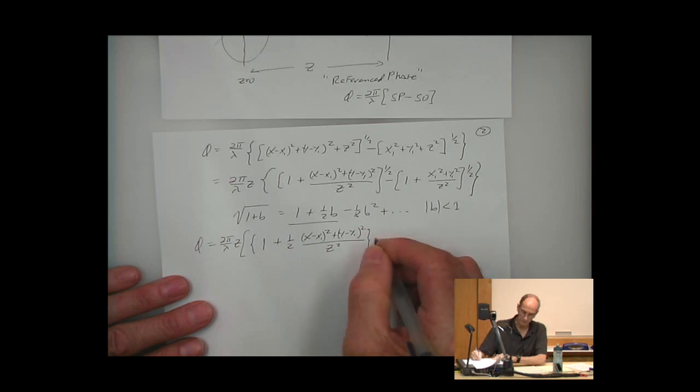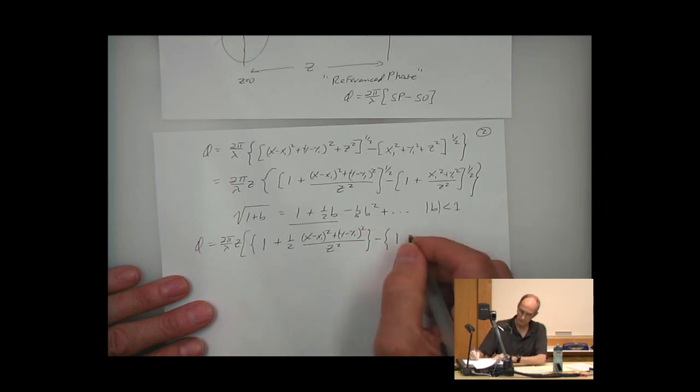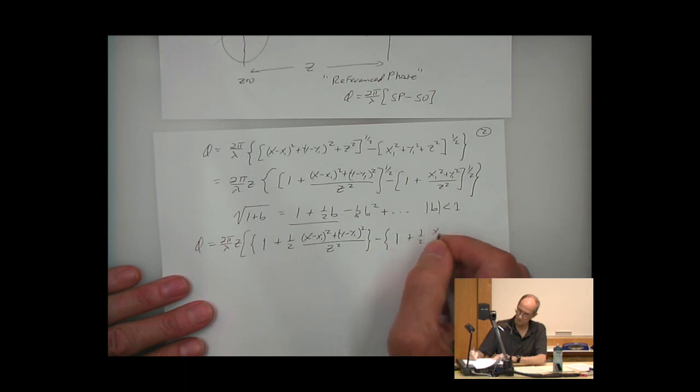So we have that minus 1 plus 1/2 x1 squared plus y1 squared over z squared.